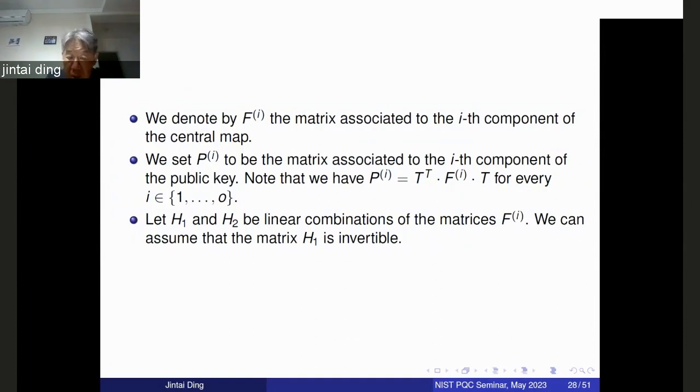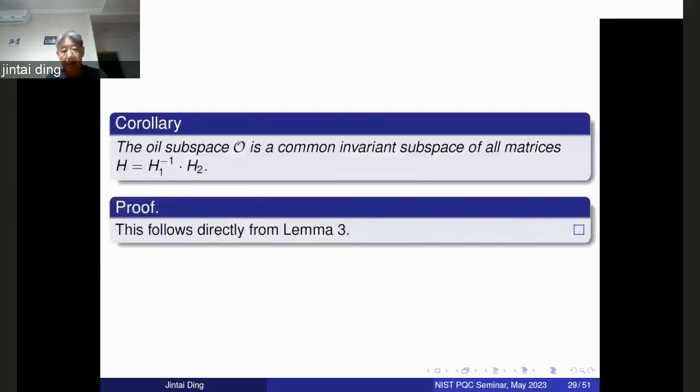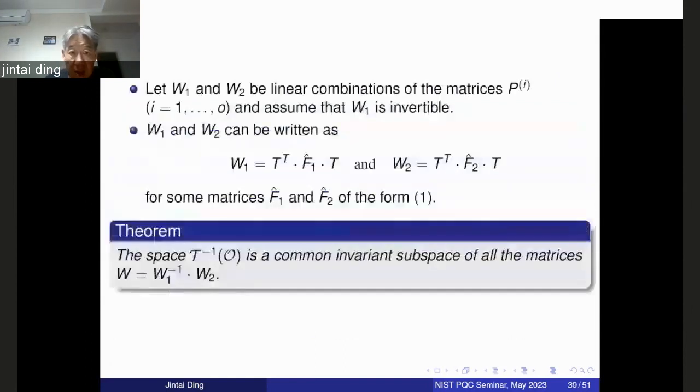We can assume that H1 is invertible because this is true with high probability. The most important corollary is that the Oil subspace O is a common invariant subspace of all matrices of the form H equals H1 inverse times H2. This follows from the lemma we described: H2 maps O to V, and H1 inverse pulls it back to O. Therefore O is an invariant subspace of the matrix H.